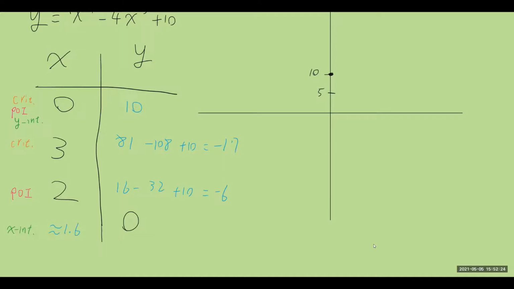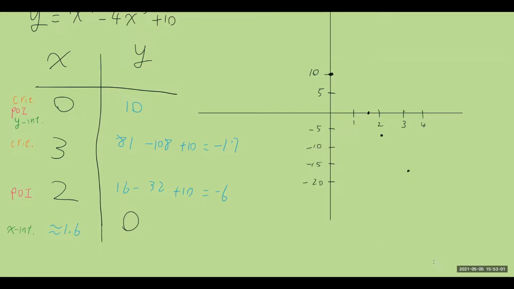We have 3, negative 16, so let's say 1, 2, 3, 4. 3 and negative 16, so negative 5, 10, 15, 20. 3 and negative 17, let's say it's about here. And 2, negative 6, that's about here. 1.6, 0, that's the intercept, about here. So we only have these 4 points.